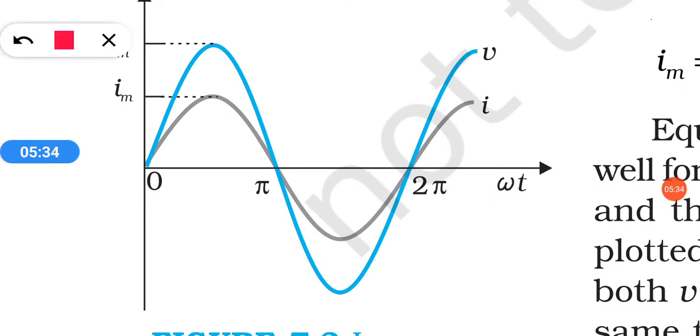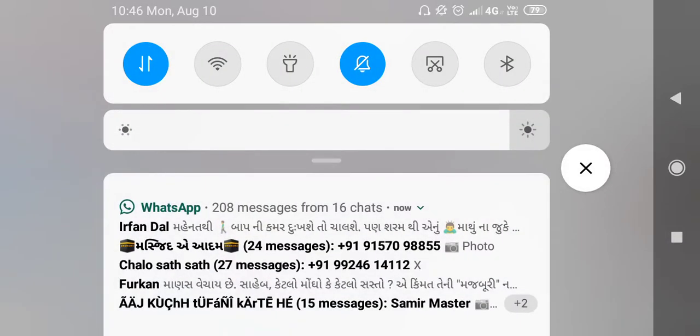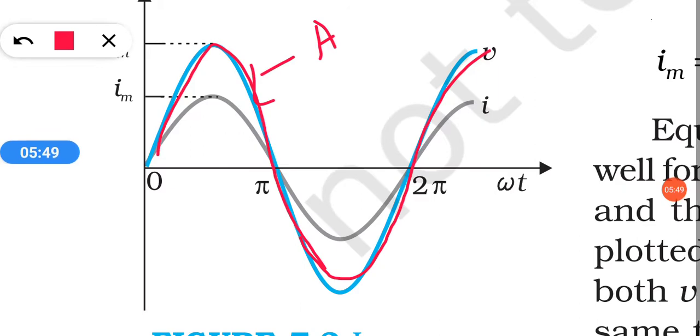This line shows our voltage, the alternating voltage, and also this is the alternating current.